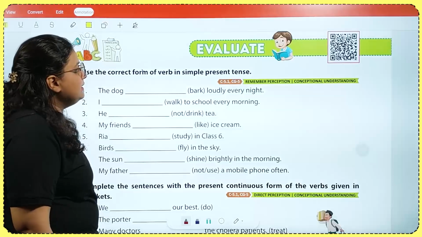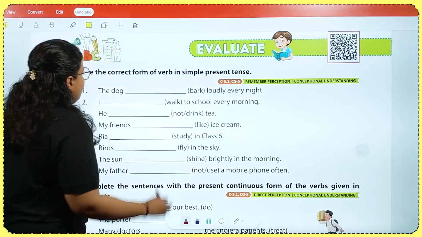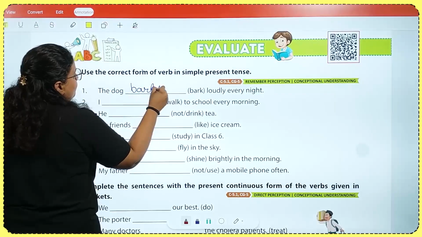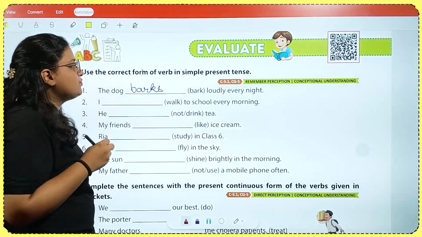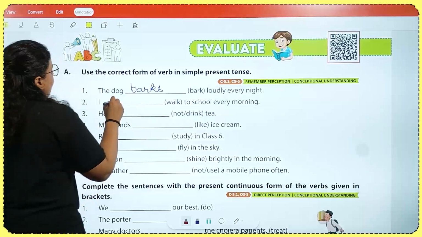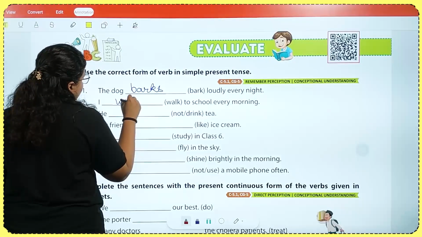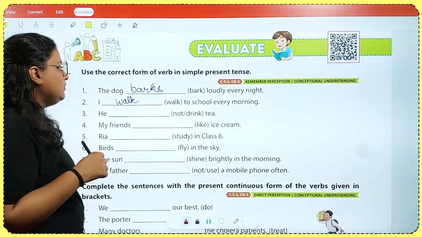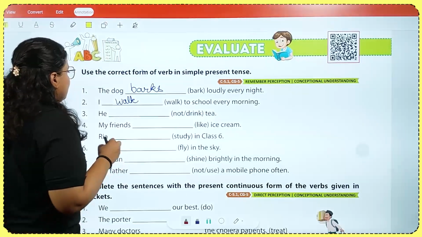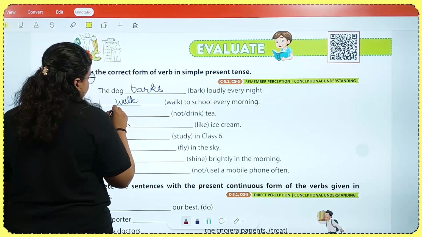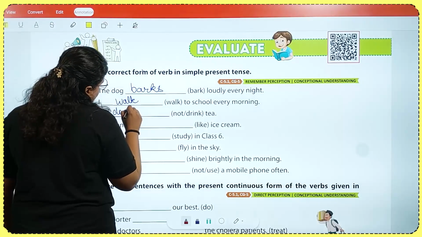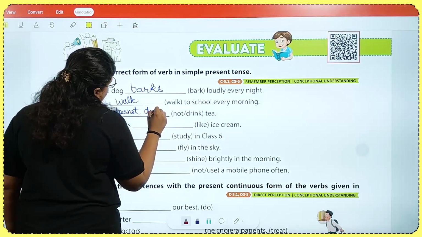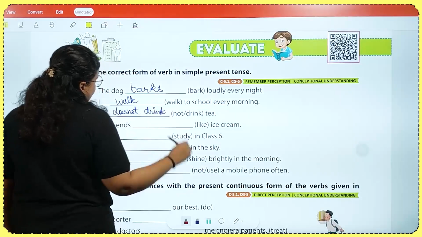The dog barks loudly every evening. You have to write barks. I walk to school every day. I के साथ walk. He does not drink tea.